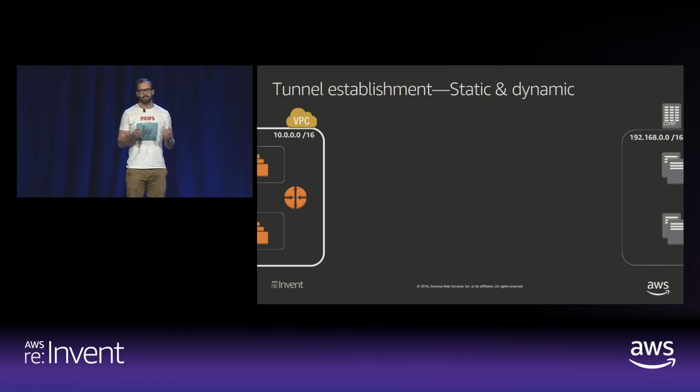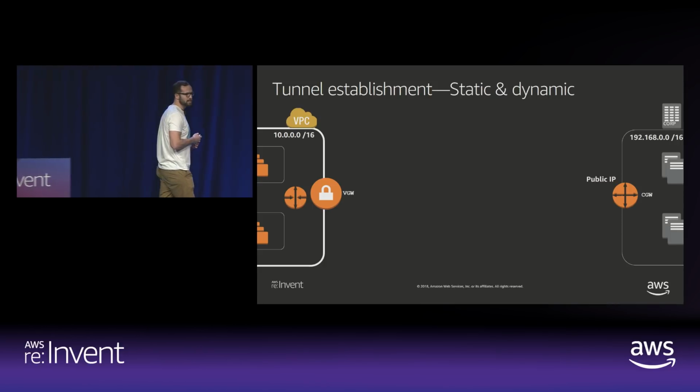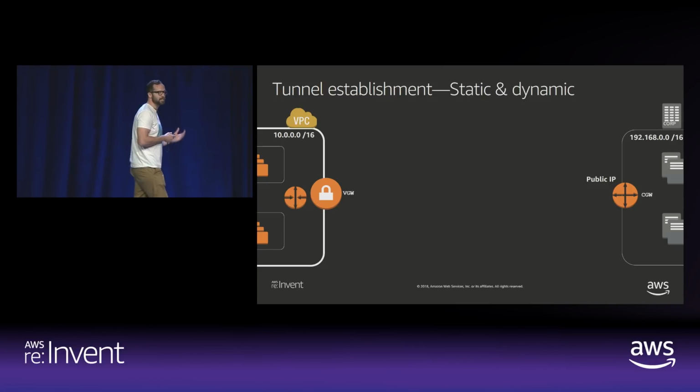And to set up a VPN, first thing we need to do is define the two sides of the connection. So on the AWS side, that will be the virtual private gateway, VGW. And on the data center side, that will be the CGW, the customer gateway. And a customer gateway effectively is a firewall or a router, anything that supports IPsec and ideally BGP.